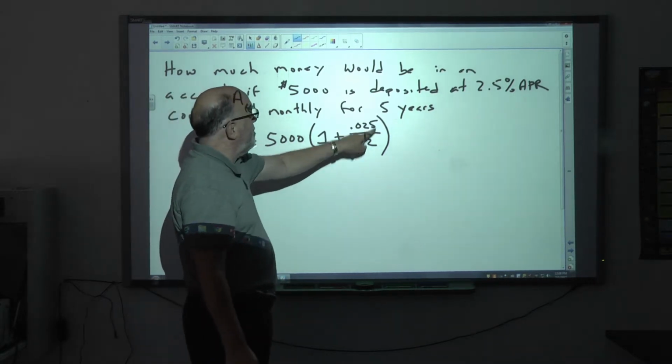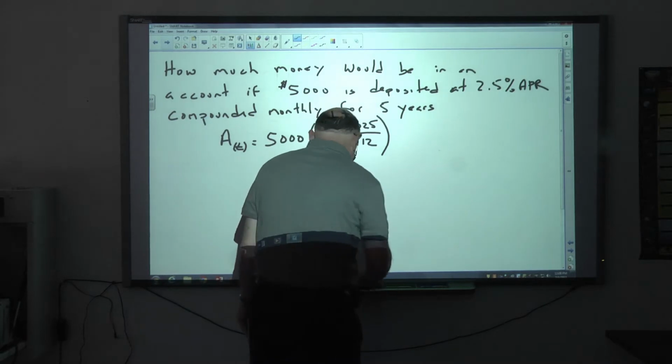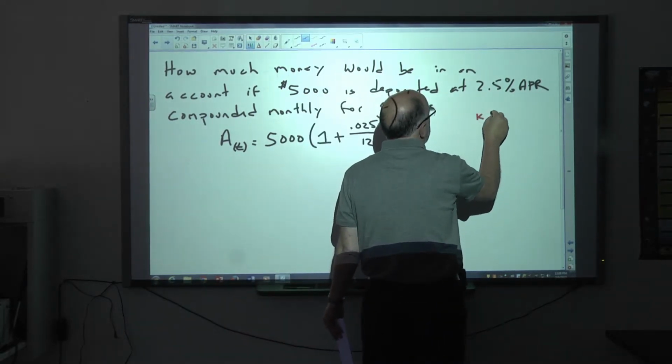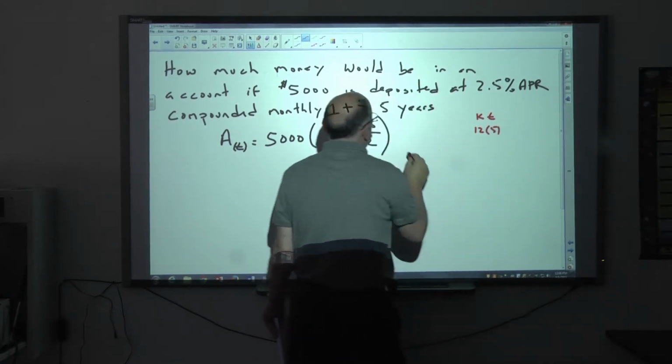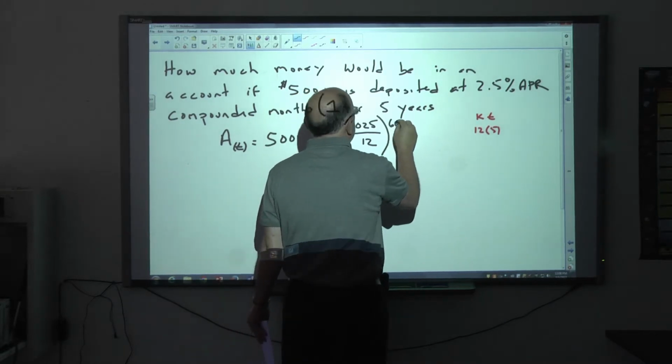Our exponent kt is 12 times 5, so our exponent here is going to be 60.